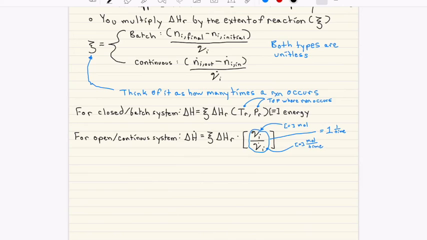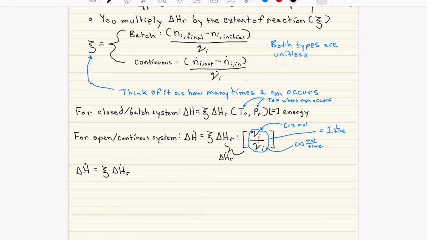So the way to think of it is that if we take our delta H of R and multiply it by this term in brackets, we could just call this a delta H of R dot. And so when we write out the change in enthalpy rate, or delta H dot, what we're really multiplying is just the extent of reaction times this delta HR dot.